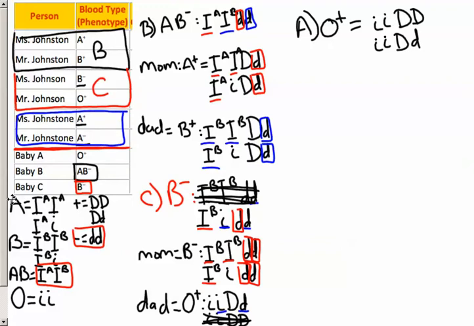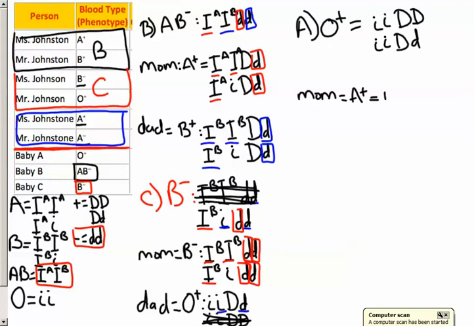So, these parents are both A positive. So they must have a little I in both. So let's take a look at mom. Mom, we said, is A positive.